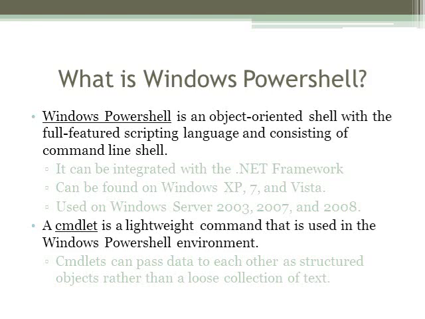However, it can be integrated with the .NET Framework, like .NET Framework 2.0 or 3.0, or even .NET Framework 4.0 or higher. So, Windows PowerShell can be found on Windows XP, Windows 7, and Windows Vista.